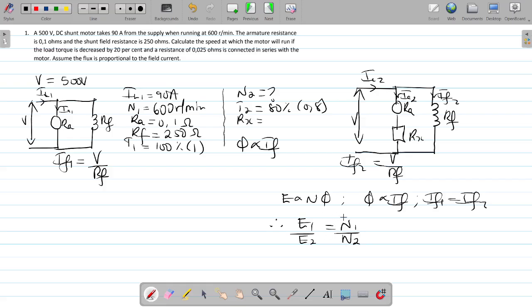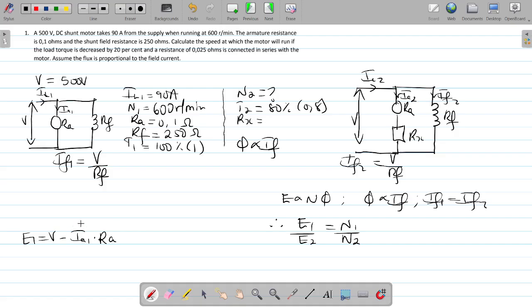Since it's this very equation here, we need to find E1, E2, N1 is given, and we are looking for N2. When you start with your calculation, to find E1, the circuit for E1 is this one, where we're going to say E1 equals V minus IA1 times the resistance IA is passing through.